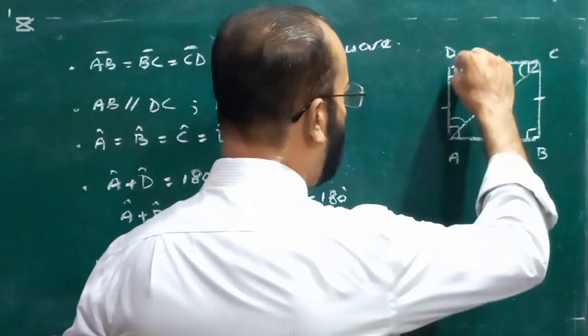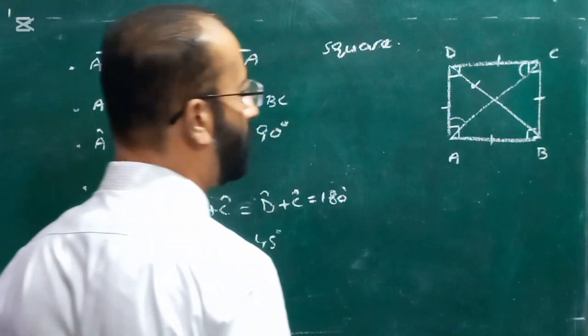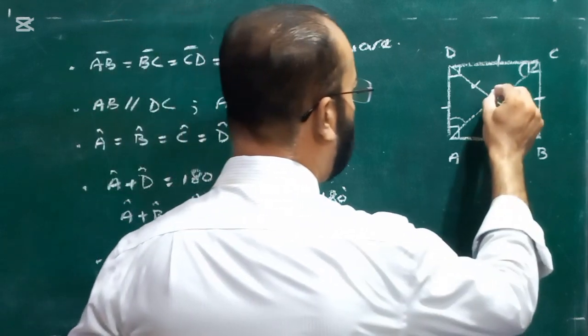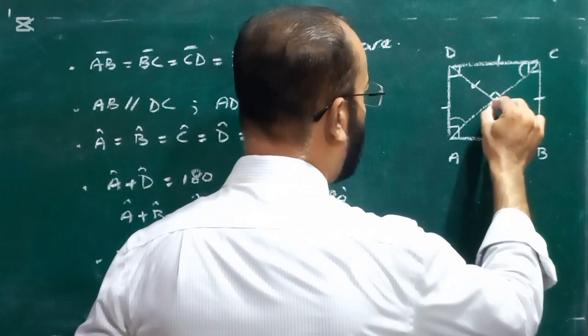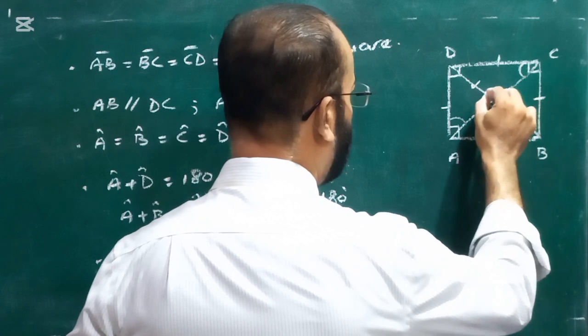The next property is, if we draw the other diagonal, the diagonals will cut each other at 90 degrees.